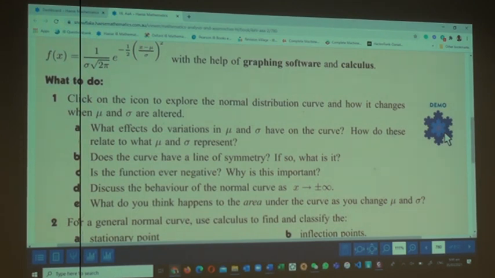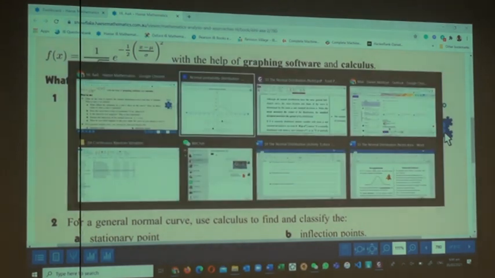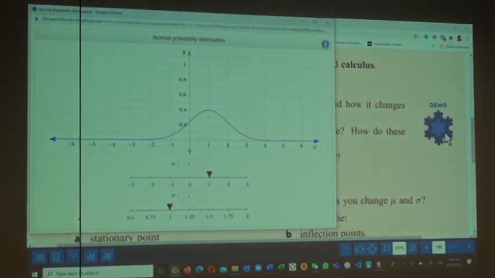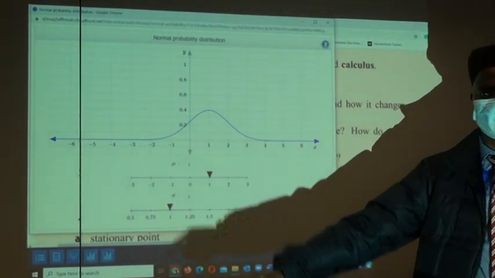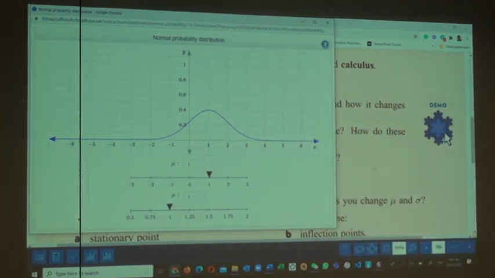Discuss the behavior of the normal curve as x tends towards positive or negative infinity. What do you notice about the normal curve? It approaches 0. It approaches y equals 0. Just say 0.